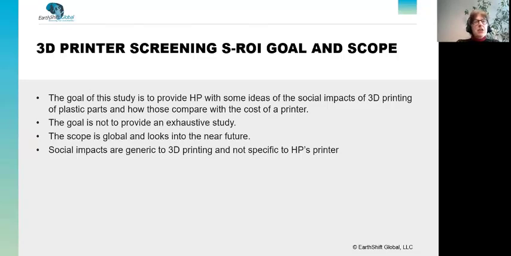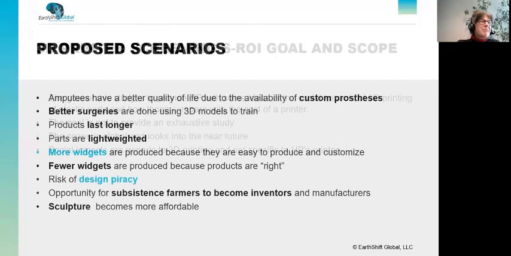And so we did this through, as I said, it was screening, just through literature research. What do people care about in terms of 3D printing? It's not specific to HP, it's not specific to their technology, it's more of a generic screening level study.